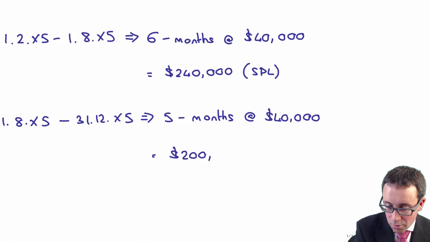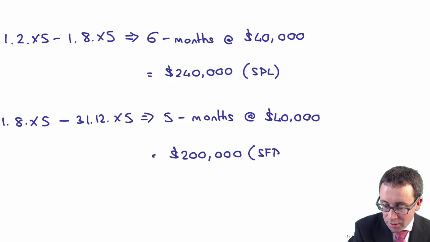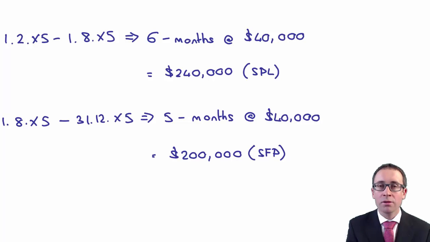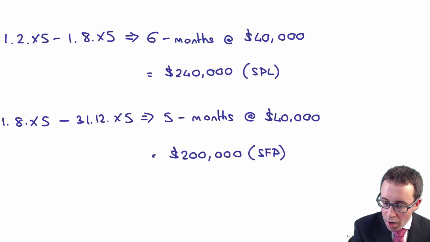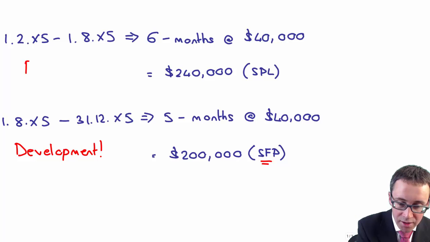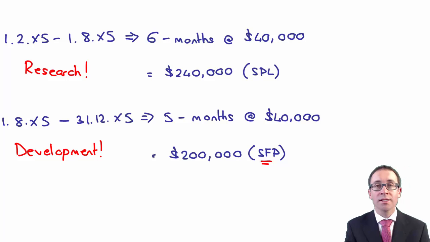That gives me $200,000 that we capitalize on the statement of financial position as an intangible non-current asset. Why? Because on the SFP, that's whereby now we have reached the development stage, whereby previously it was just research, wasn't it?